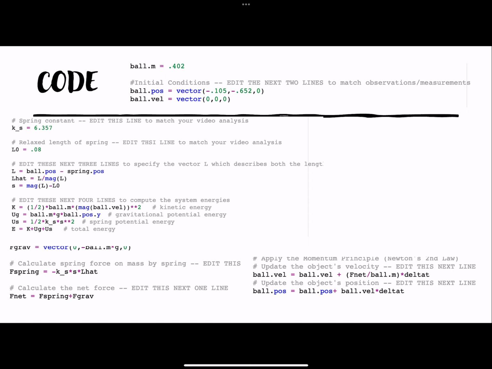Then for the energies, as you can see, I went ahead and added the formula for potential and kinetic energy, and the total energy is all of those added up together.